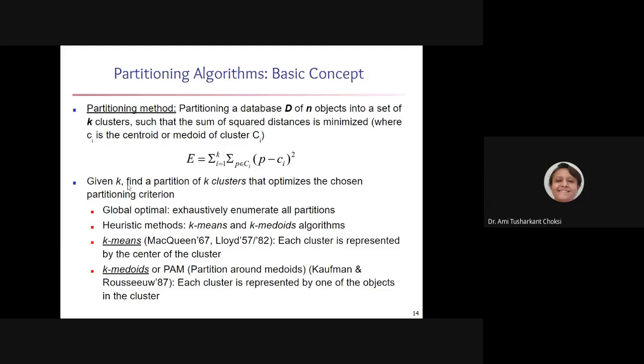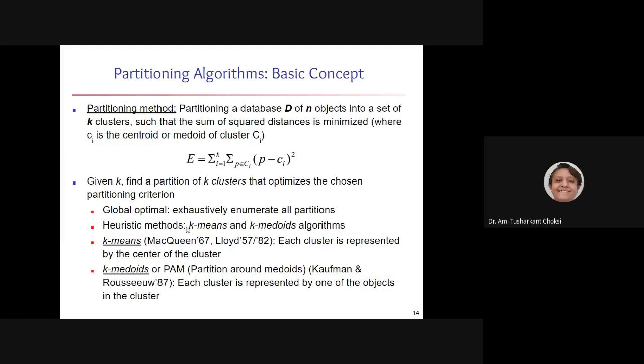Given K, find a partition of K clusters that optimizes the chosen partitioning criteria. That is the global optimum: exhaustively enumerate all partitions.